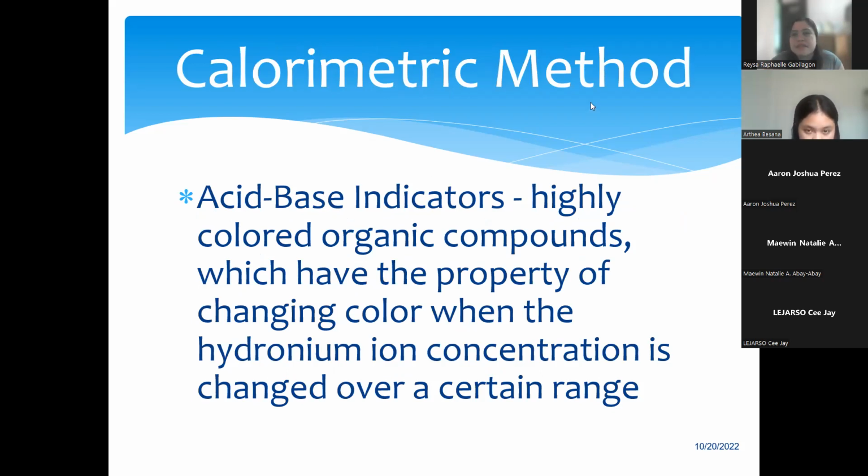What are acid-base indicators? These are actually just chemicals in the laboratory. Chemicals that, if you combine or add them in a solution, will change color depending on whether the solution is acidic or basic.